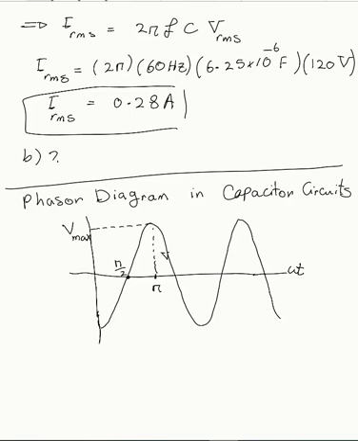If I plot the diagram for voltage versus omega t, I should get a diagram that looks like this. Now, if I plot current versus omega t, it should look something like this.